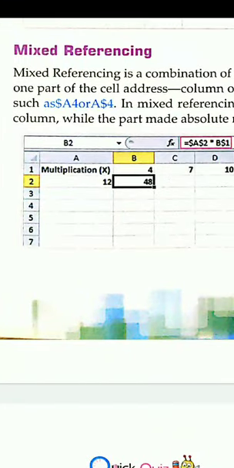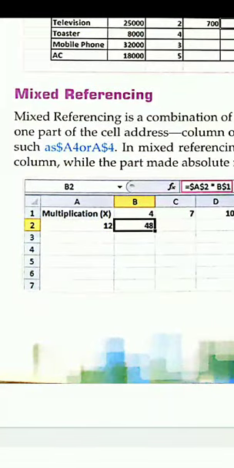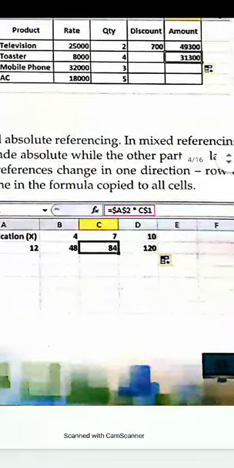Mixed referencing means relative referencing as well as absolute referencing. If you see $A4 written here, it means column A will remain constant throughout the fourth row. Or A$4 means only the fourth row will remain constant in column A. So in mixed referencing, the cell reference changes in one direction, row or column.